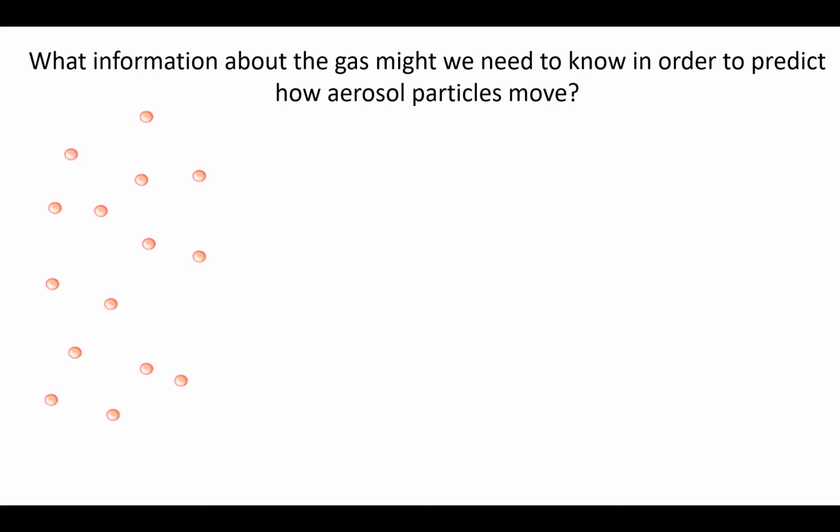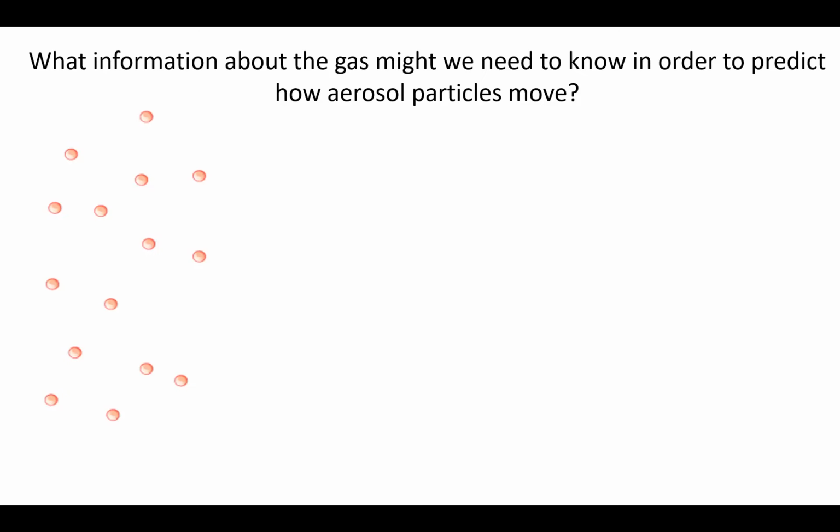But we can kind of use the analogy of a billiard table or a pool table. That will work fairly well for us. And we can think about the gas molecules as billiard balls and say, we place something on the billiard table, say like a tennis ball, which is our aerosol particle. And it's going to be pushed around then by the billiard balls on the table.